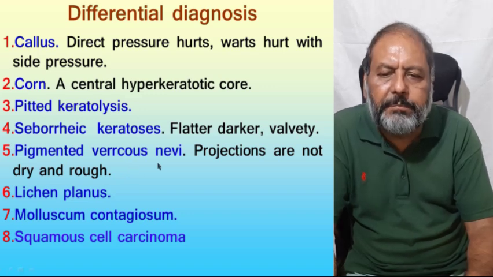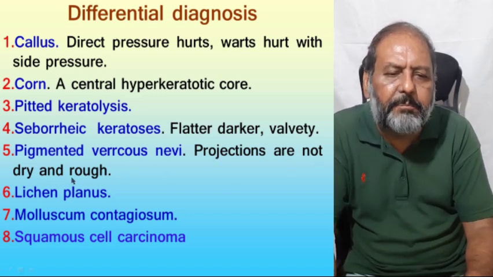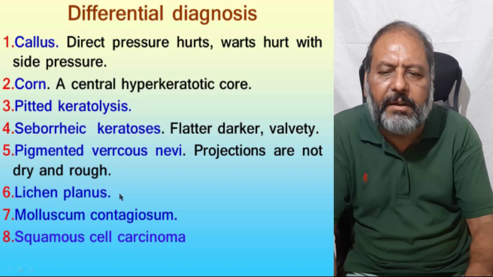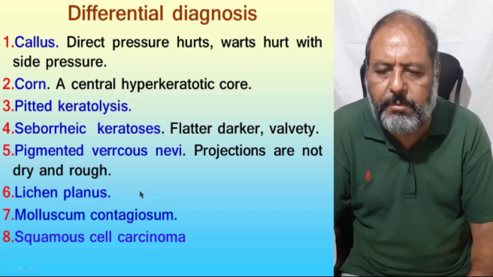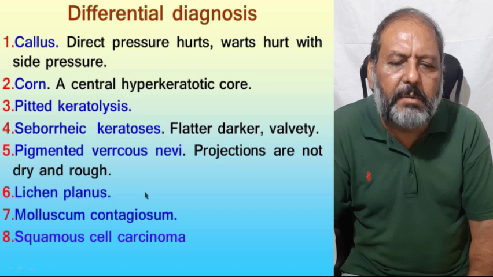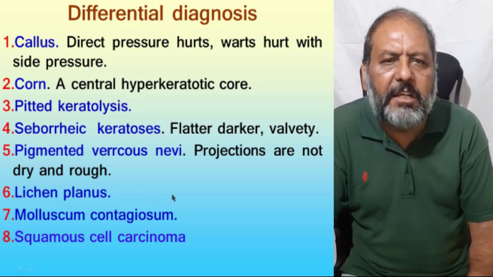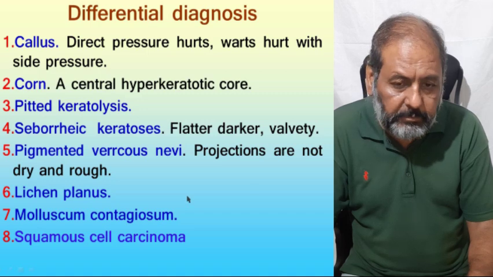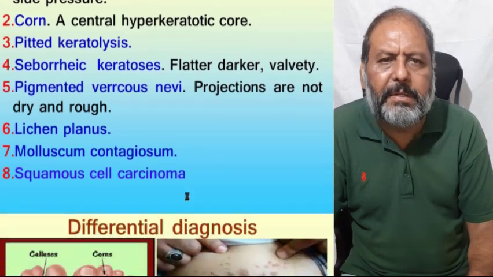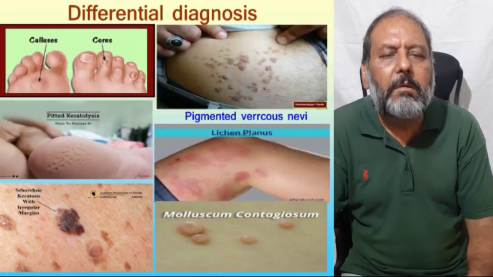Pigmented verrucous nevi projections are not dry and rough. Then lichen planus, molluscum contagiosum, and squamous cell carcinoma all have a specific shape, and they are just going to give you the wrong appearance of the wart.